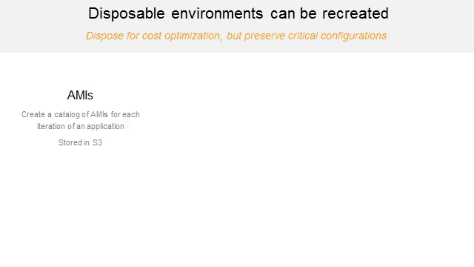Firstly, there's the AMI, the Amazon Machine Image. You can create an AMI of any instance, and you can store that AMI in S3, and you can recall that AMI at some point in the future and start another instance which is in exactly the same state as the instance was when that AMI was created from it.